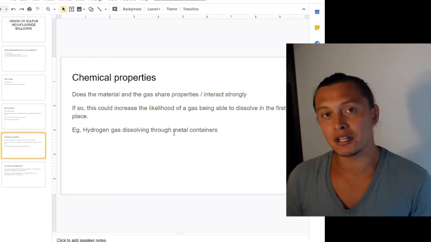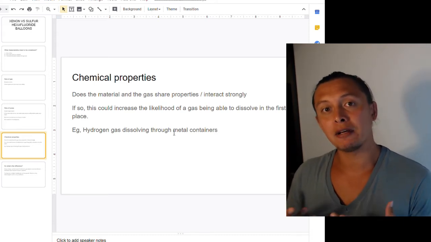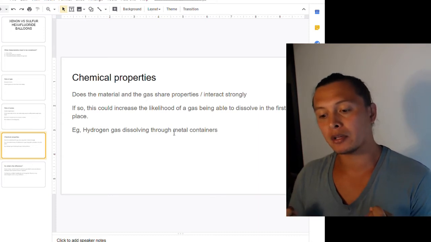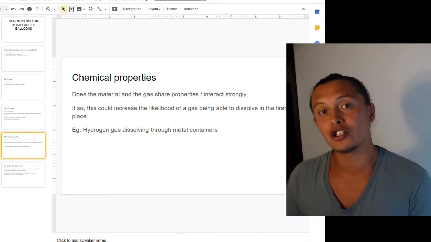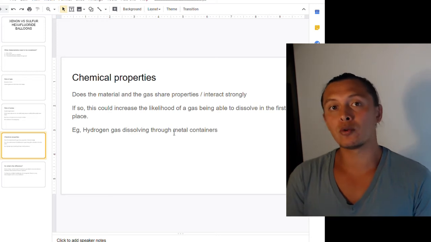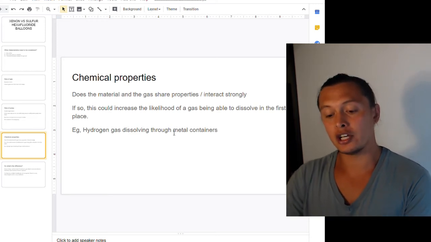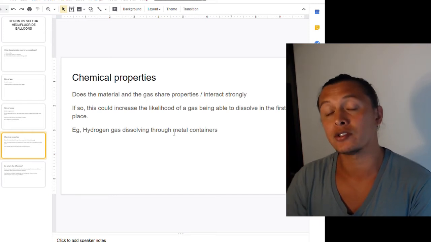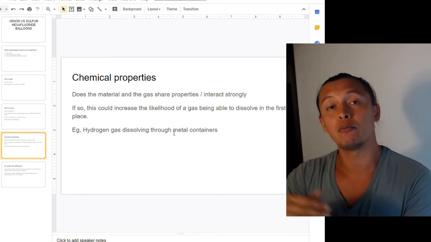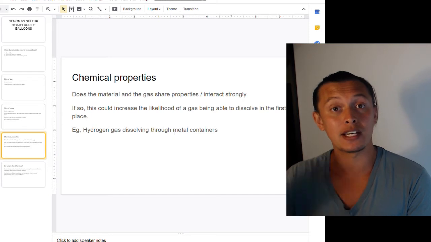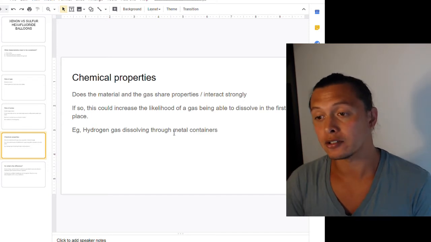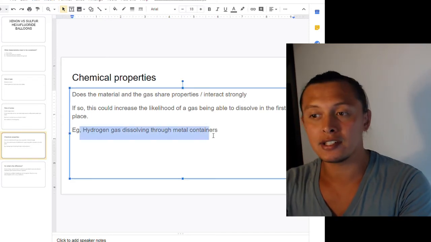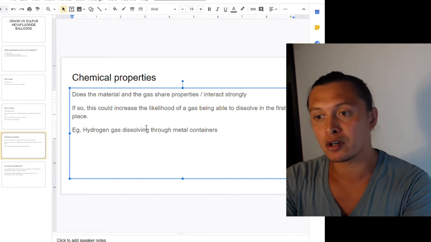And so the formation of these metallic bonds could in fact be viewed as a dissolving of the hydrogen gas into those metals. And as a result, hydrogen gas can actually corrode and affect the integrity of a lot of metals, and then also presumably you would be able to escape the metals once it gets onto the other side of their containers. Okay, so hydrogen gas is able to do that because it shares similar chemical properties.